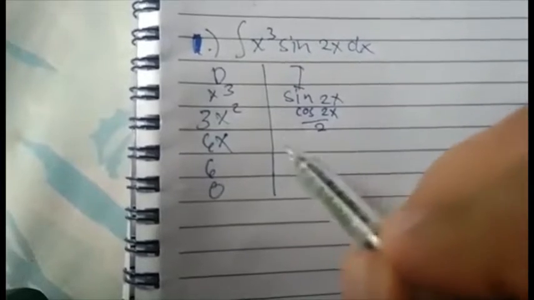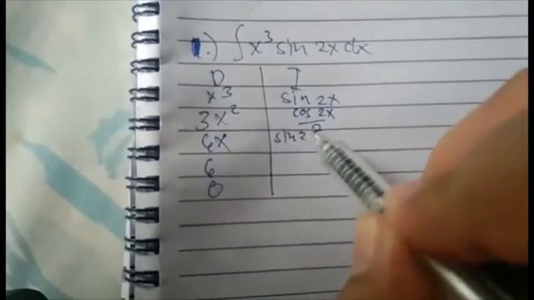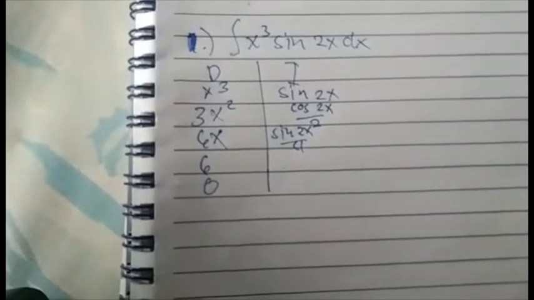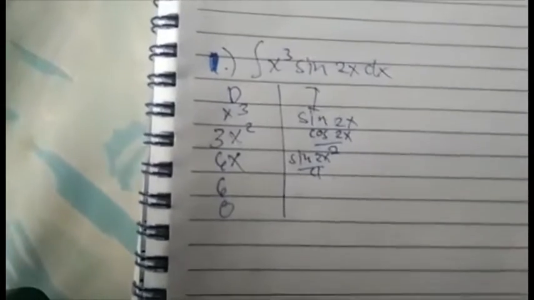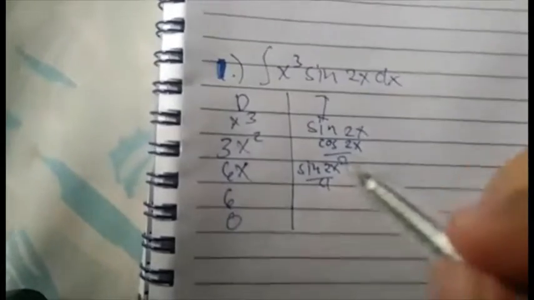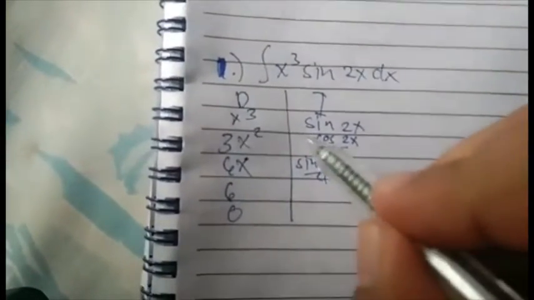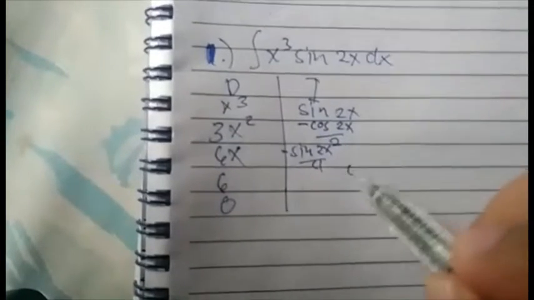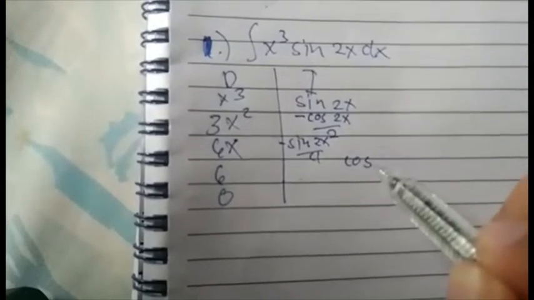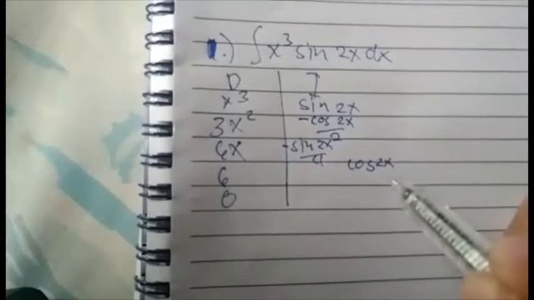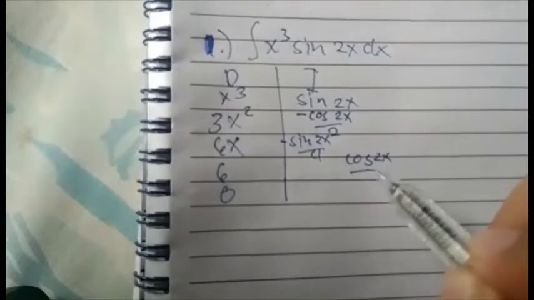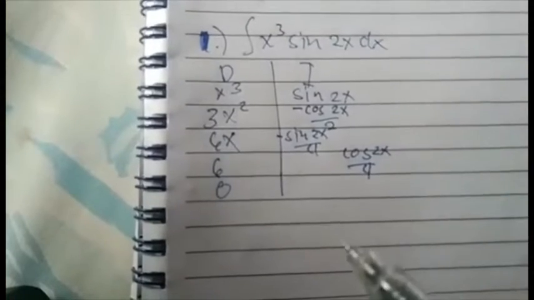Then the integral of cos is sine 2x over 4. Then the integral of sine, this will be a negative cos, and the result is cos 2x over 4, right?